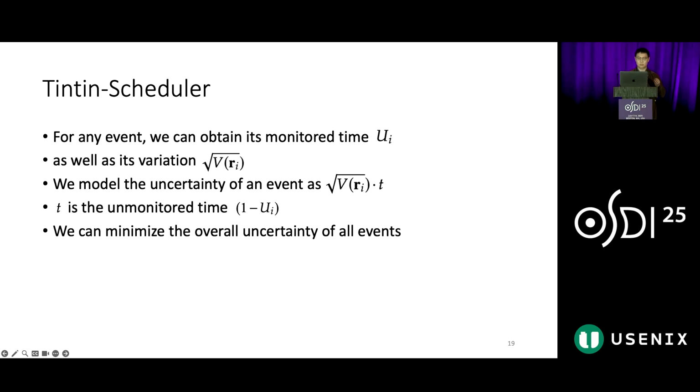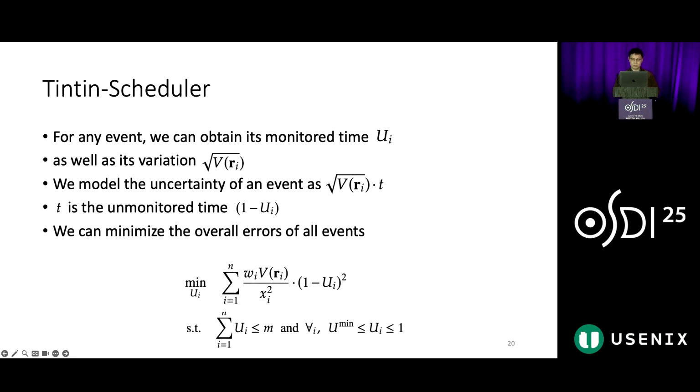It's just the variation times the unmonitored time. So our design goal is to minimize the total uncertainty of all events. We can express this as an optimization problem as follows, with a set of constraints.